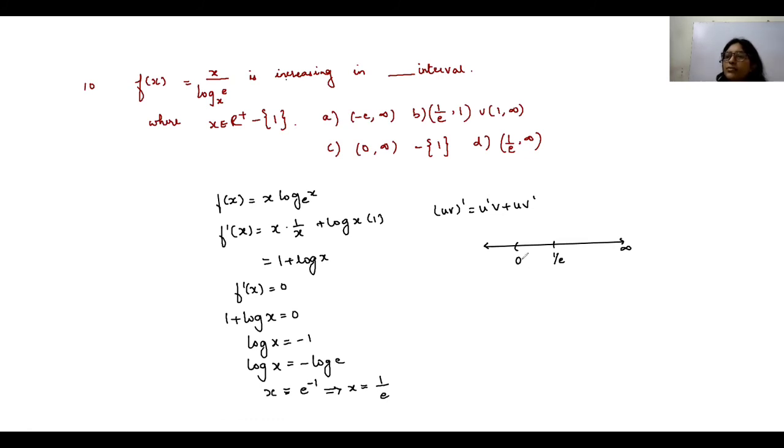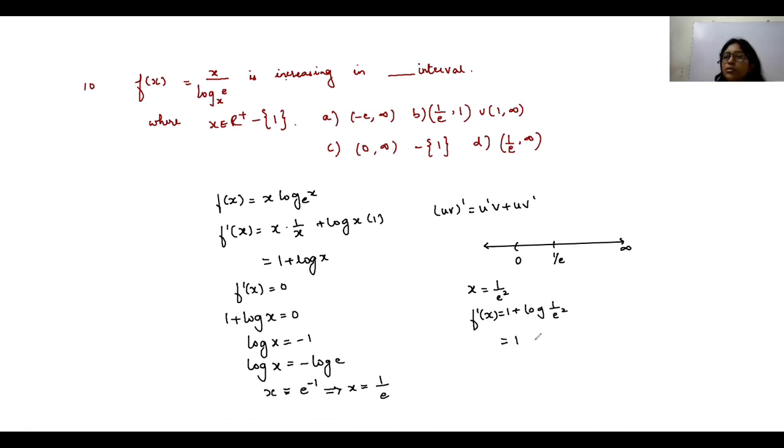So now let's take a value between 0 and 1 by e, and then 1 by e to infinity. So we are going to take x as 1 by e square. Putting it in f dash x, we need to check whether it's positive or negative. So f dash x is 1 plus log of 1 by e square.